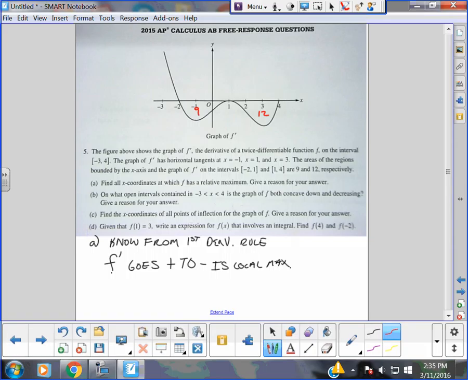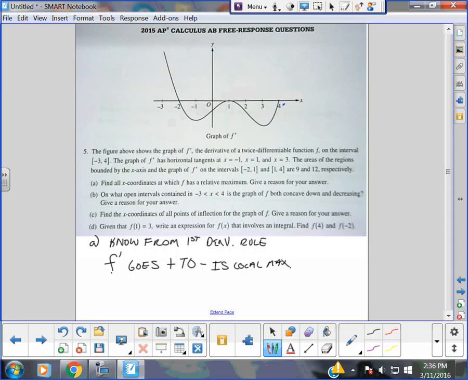When we look at the graph, there are 3 zeros for f prime, 3 critical points: -2, 1, and 4. But there's a sign change only at one spot. It has nothing to do with the slope; it has everything to do with the y value of these derivatives.